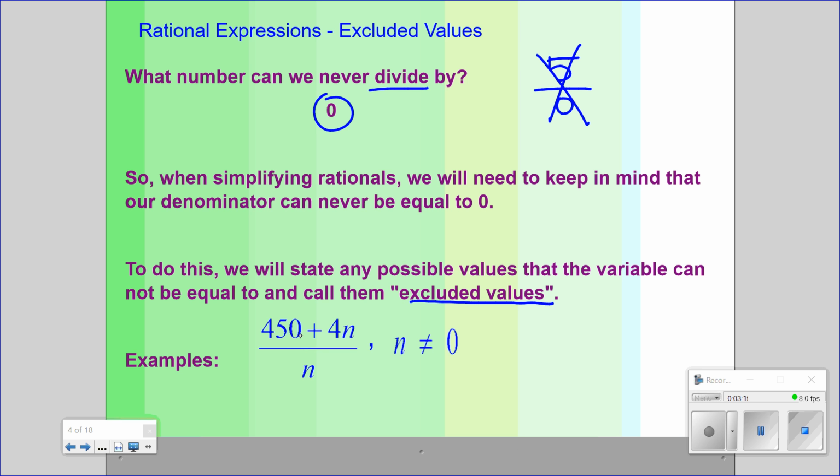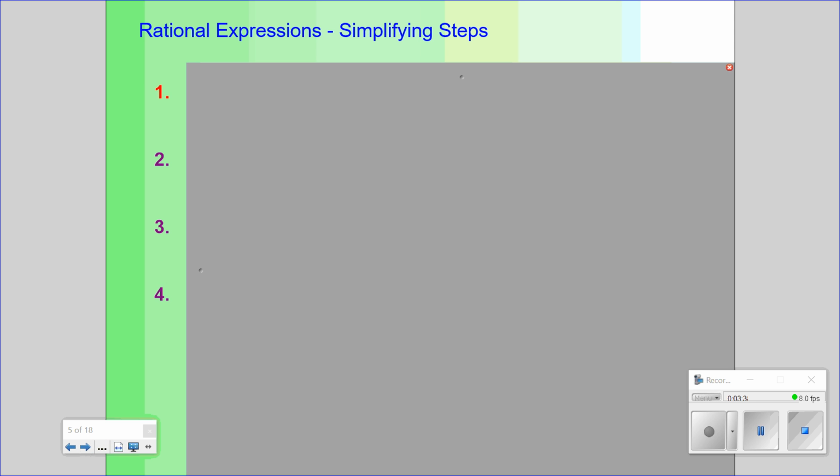For example, if we had (450 plus 4n) divided by n, we could simplify this if possible, but we would have to, with our answer, state that n can be anything, but it cannot be equal to 0, because that would make this denominator 0, which is not possible.